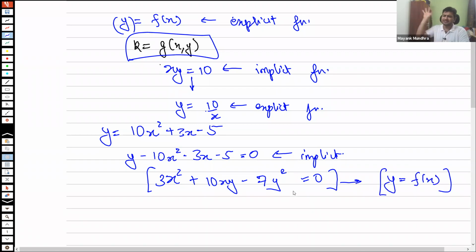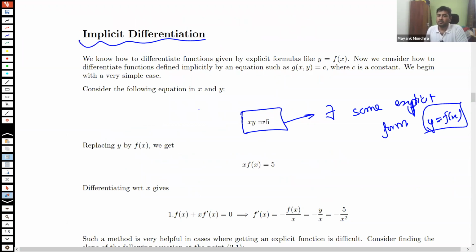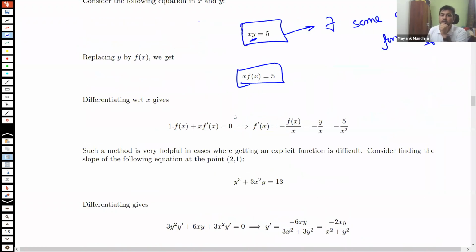So I'm saying there is some y equals f of x, which is the explicit form of this implicit function. I replace y with f of x, and say x times f of x equals 5. Then I differentiate the entire thing with respect to x while applying the product rule.